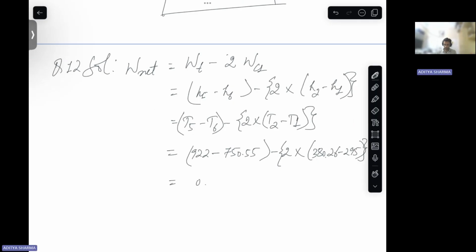Now, if you work this out, this will come out to be 0.93 kilojoule per kg, which again is very, very less shaft work. So practically, this doesn't make sense. But for the sake of numericals, this is fine.